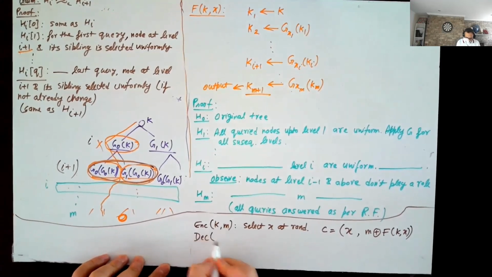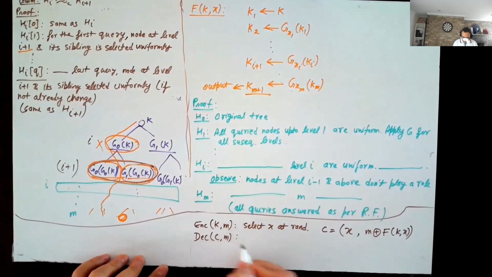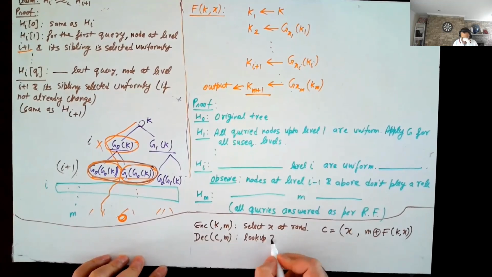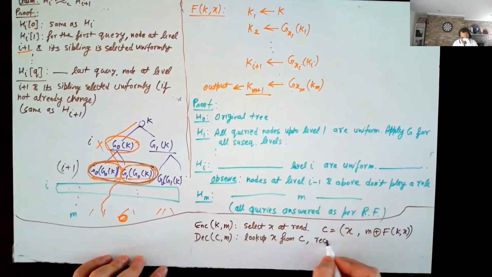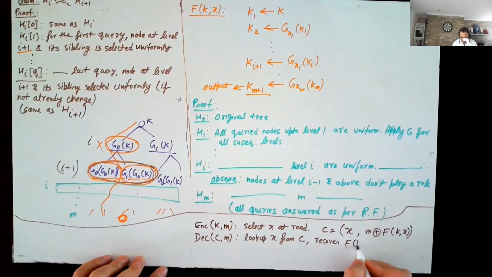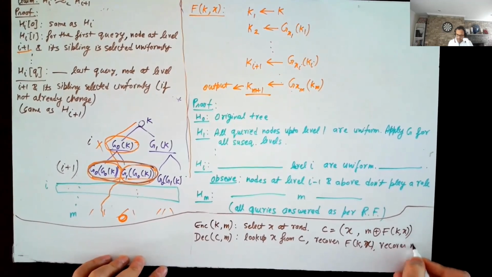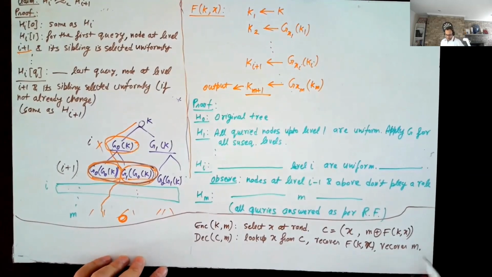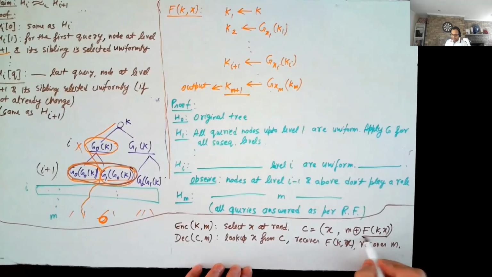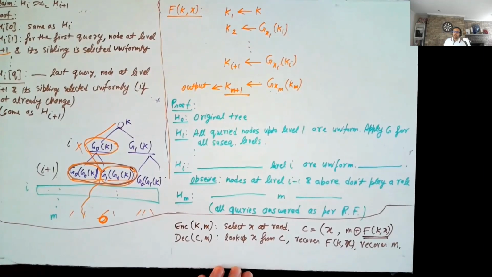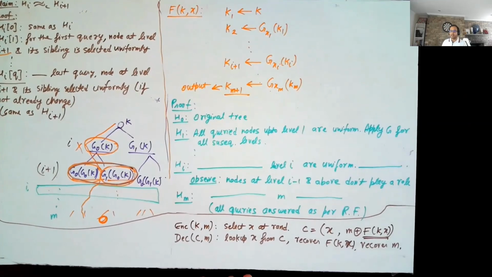Okay, how do you decrypt? Look up x from c, recover F of K, x, and recover M. So this is like a one-time pad key, and we are almost guaranteed that we will never use this one-time pad key twice, because you are selecting x at random and x is large.